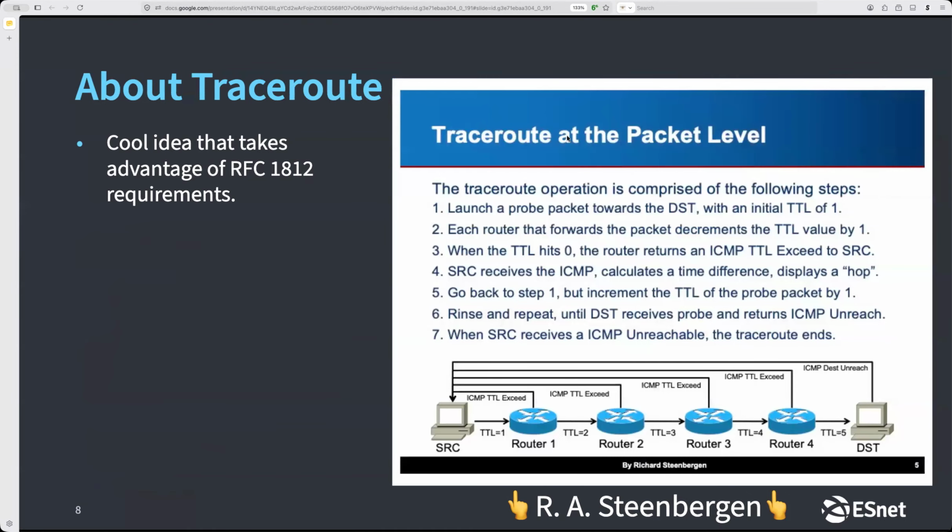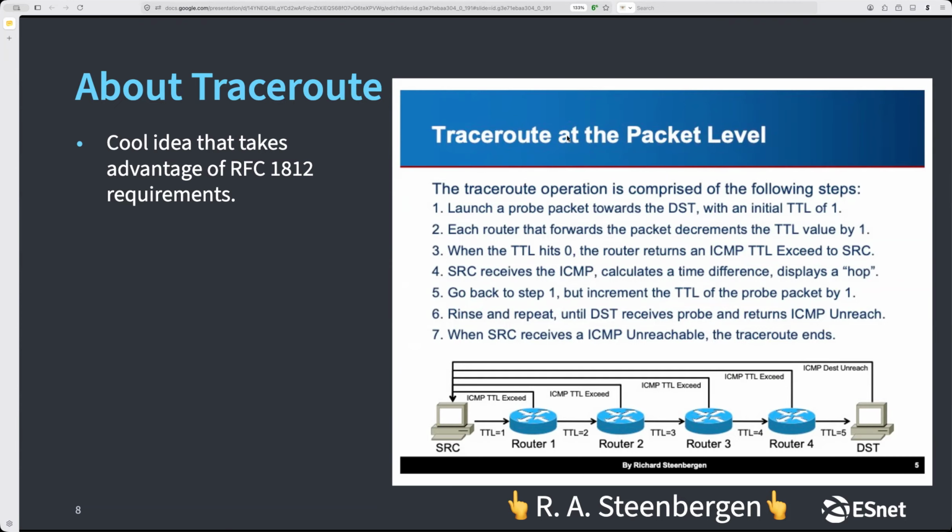The whole idea of traceroute is that it takes advantage of RFC 1812. What RFC 1812 basically says is that if you're a router and you get a packet that's expired, you have to drop it and send back an ICMP message. It's sort of like saying to my mom, this food's expired in the fridge, you have to throw it away.